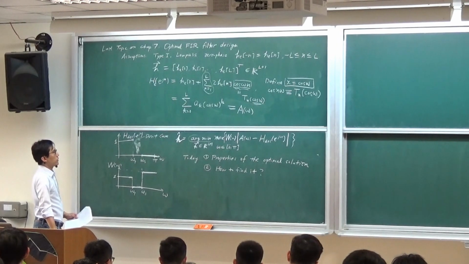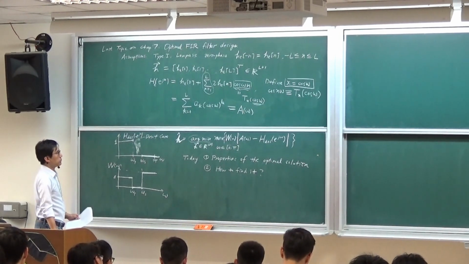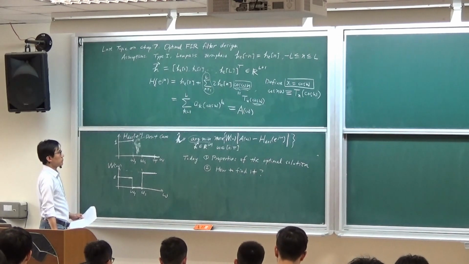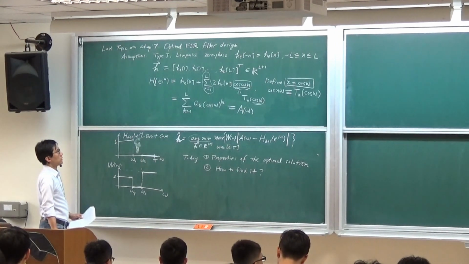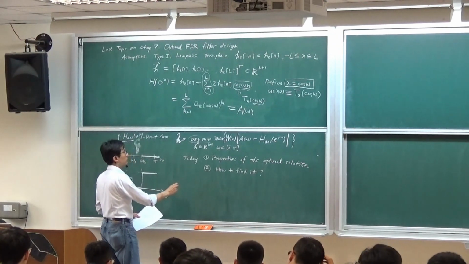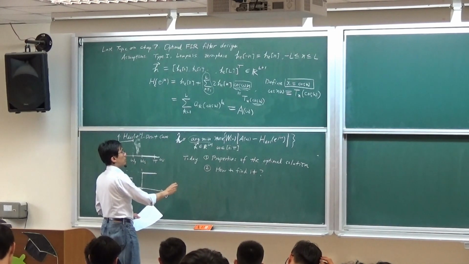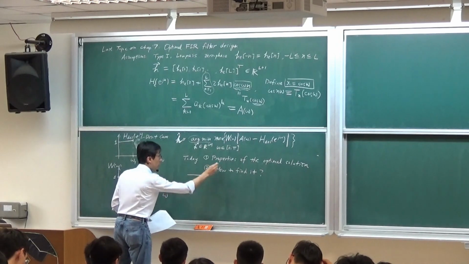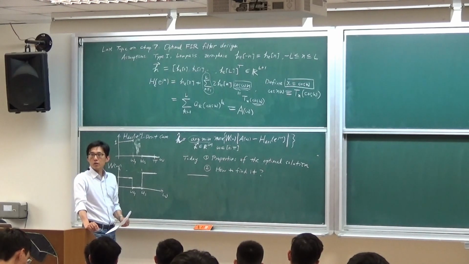So it turned out that, when we talk about the properties of the optimal solution, it's easier to talk in the polynomial domain than in the frequency domain.